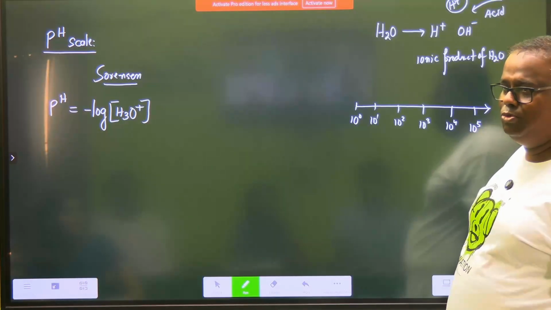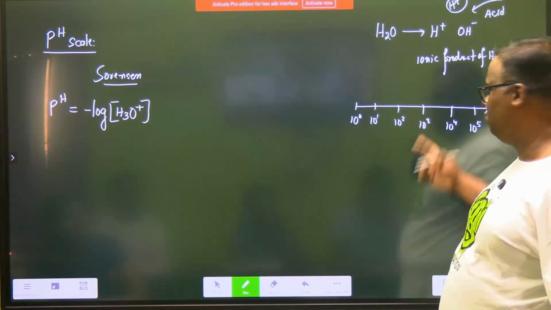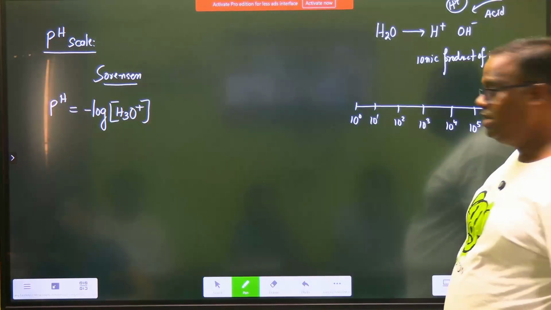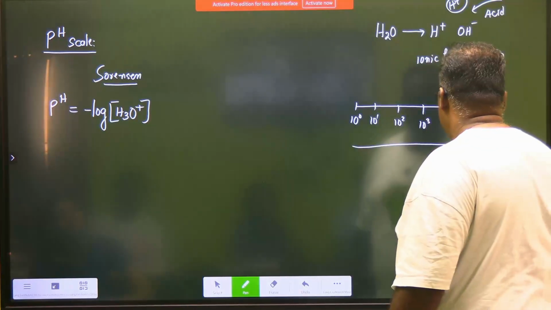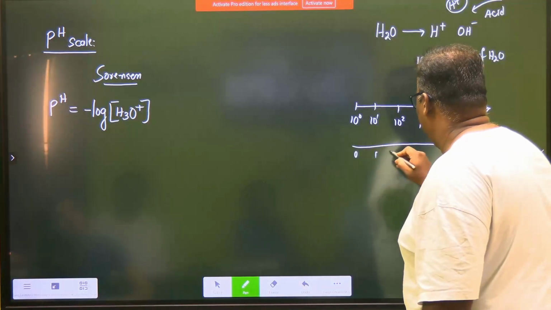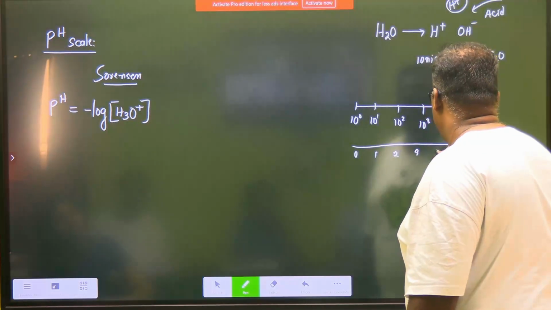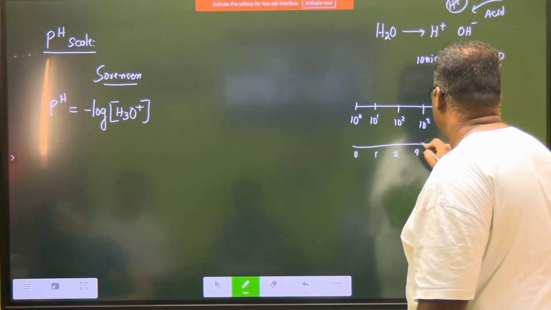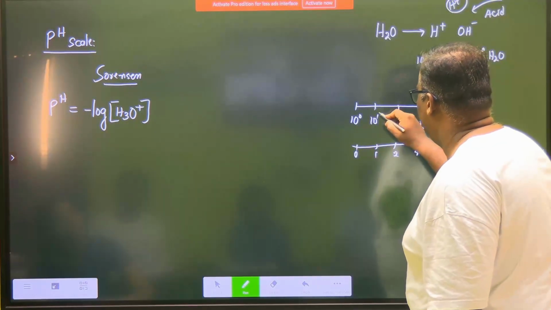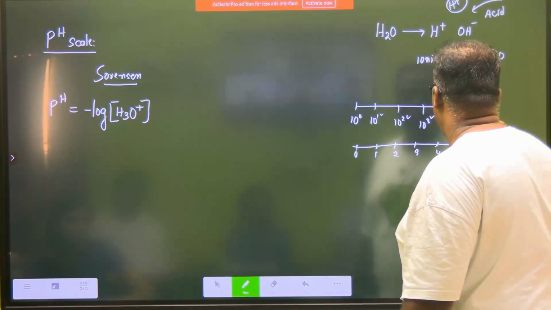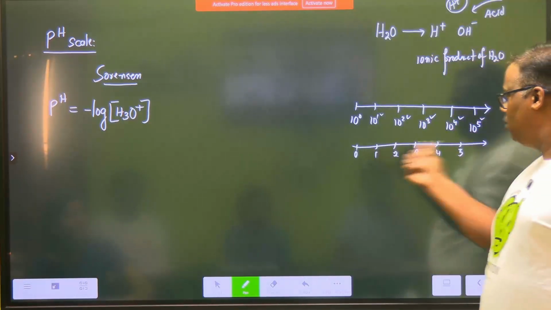The distance to the moon is 3,84,000 kilometers, can be plotted here, right? And I now change this axis as 0, 1, 2, 3, 4, 5. Means I'm basically dealing only with the exponents. This is a logarithmic scale.